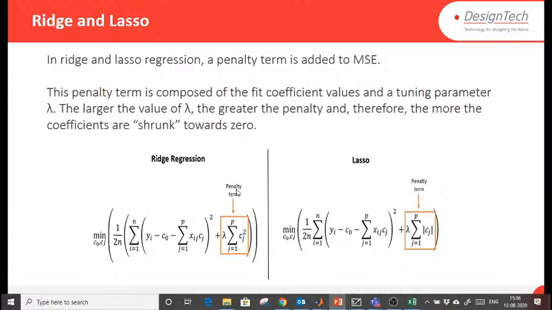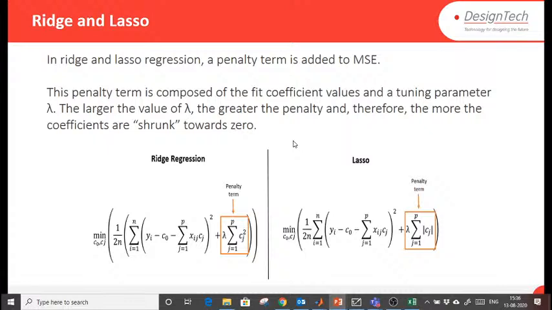This is the MSE and this is the penalty term. It also says this penalty term is composed of the fit coefficient values, these coefficient values C which you see, and the tuning parameter lambda. The larger the value of lambda, the greater the penalty, and therefore the more the coefficients are shrunk towards 0.